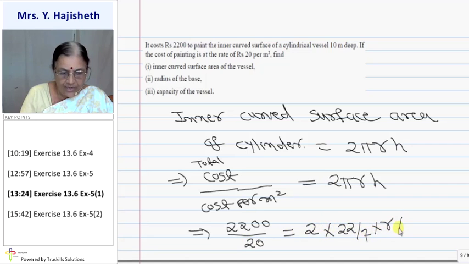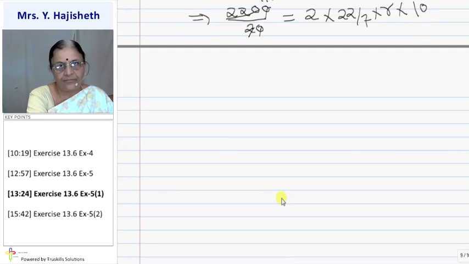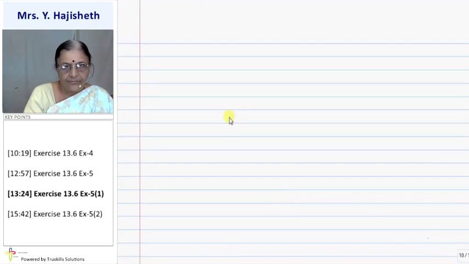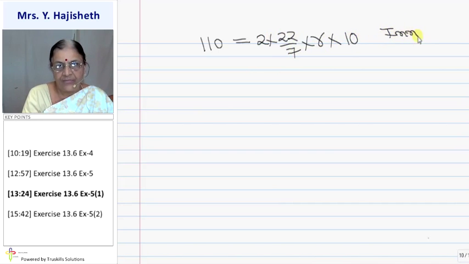R we don't know, H is given as 10. नाउ ये 0 गया, 2 भी गया, 110. So I got 110 is equal to 2 into 22 by 7 into R into 10. So inner curved surface area हमने निकाला. What is inner curved surface area?